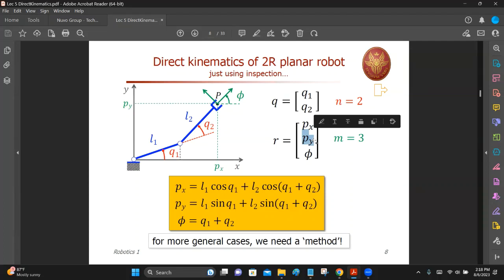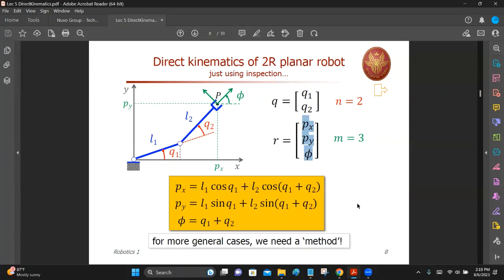The third one is automatically decided the moment you set the other 2 variables. I think you got the point. So m equals 3 is not very correct. I'm sharing Alessandro's PowerPoint, so I'm not going to change it, but make a note that even though it is apparently 3, it's actually 2.